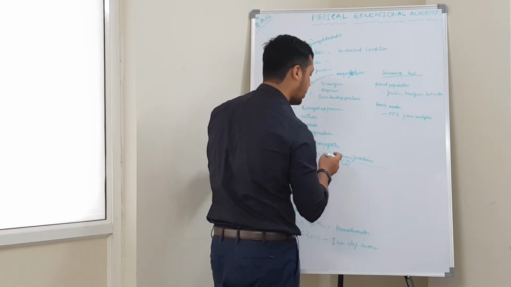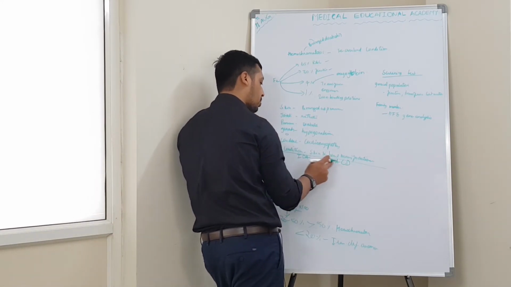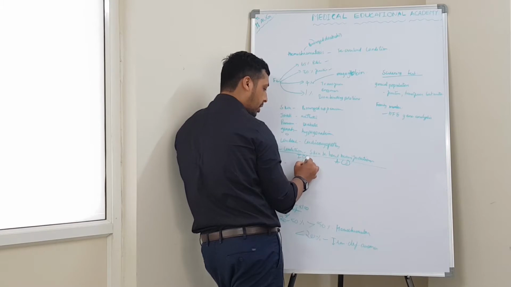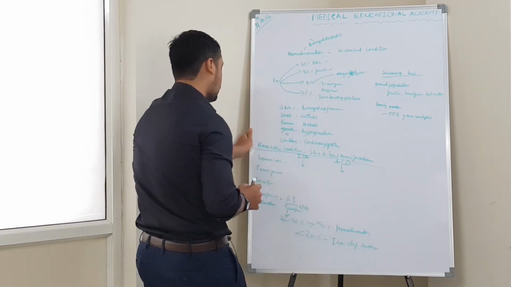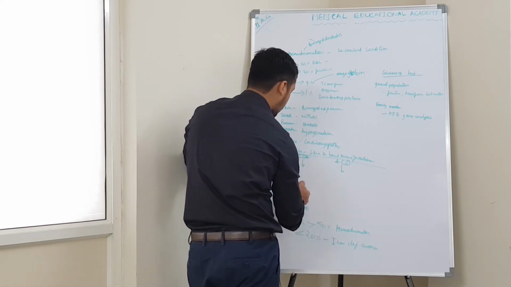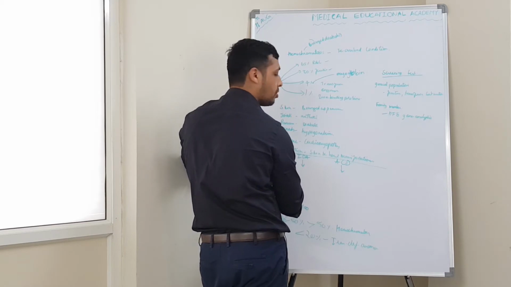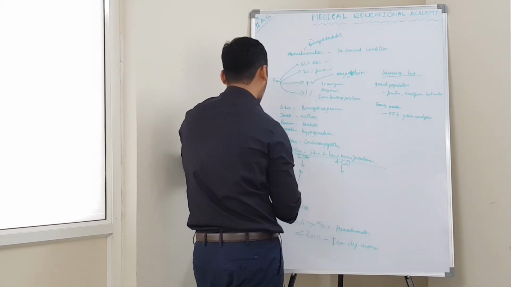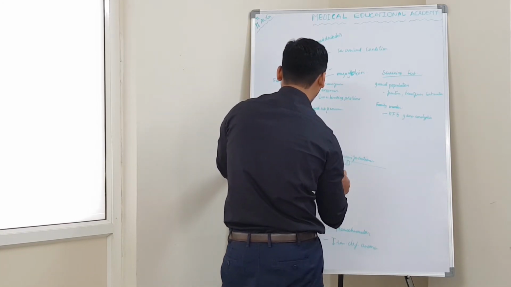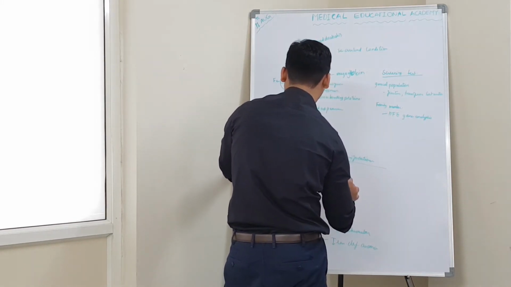In both iron deficiency anemia and anemia of chronic disease, serum iron would be low, right? In iron deficiency anemia ferritin would be low, so transferrin would be elevated. In anemia of chronic disease, ferritin would be high, so transferrin would be low, right?